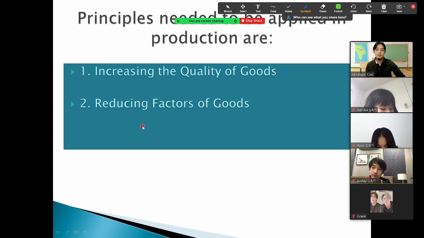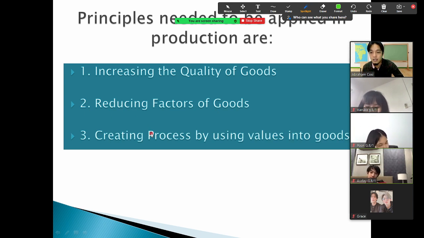So for example, the cost in producing the goods. When you find an alternative material that is cheaper, then you should proceed, and in doing that, you will be reducing the factors of goods.